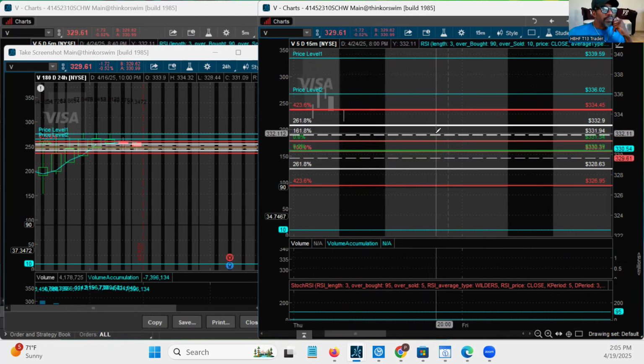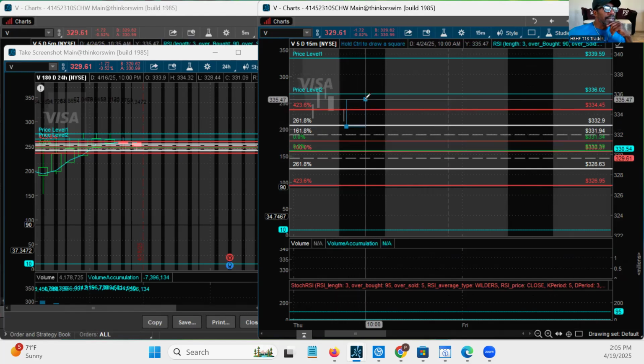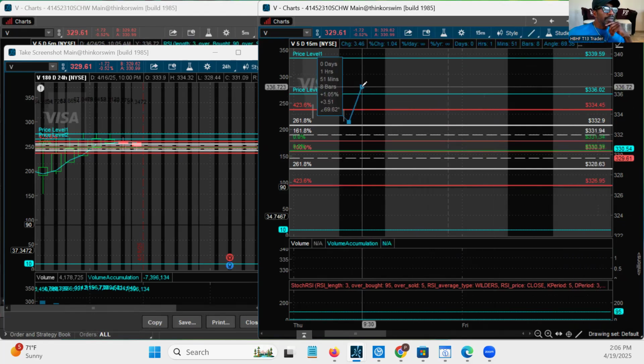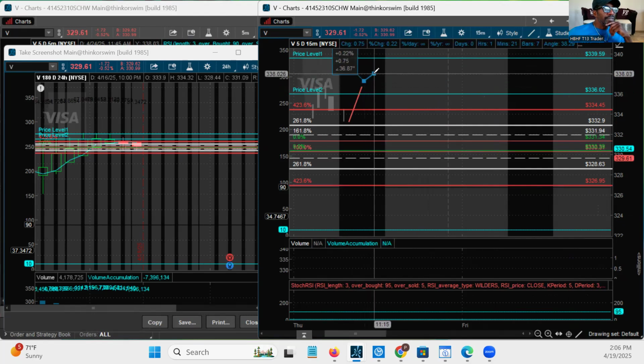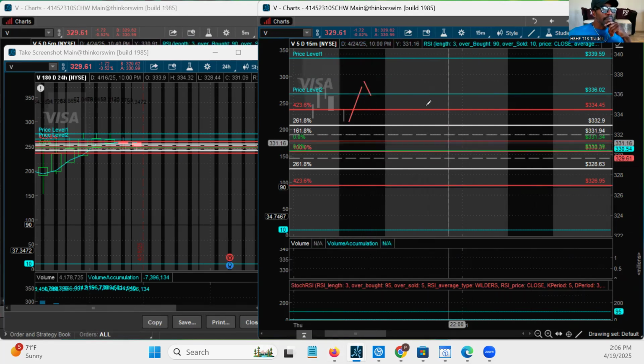Because remember, 333 is what it opened up, and it held above the low. So now you've got this going on. So now you have Visa heading in this direction.